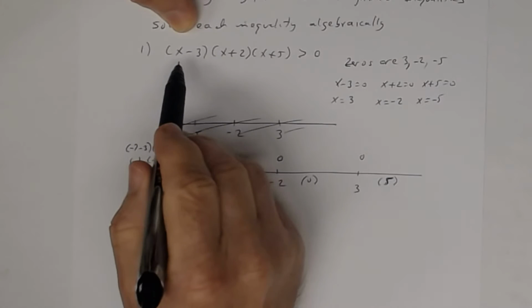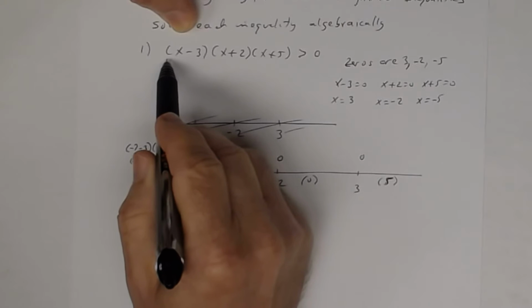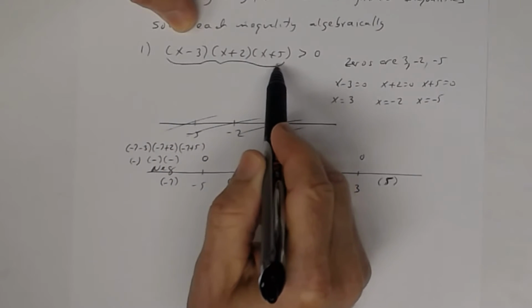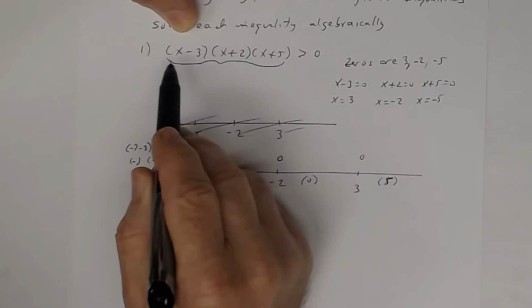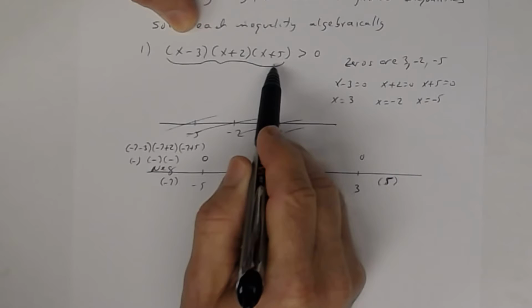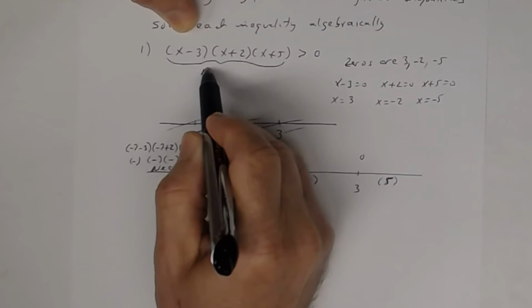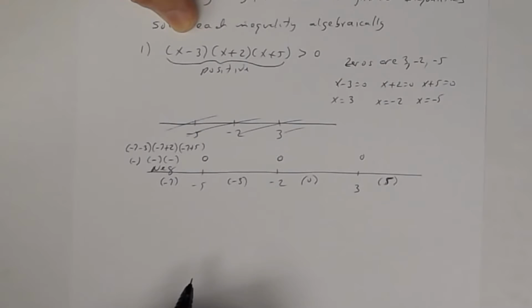Now, as you go along, I want you to notice an important aspect of this process: no matter what value of x you substitute, your solutions will be the ones in which this product is greater than 0, which means positive. So you want this product to be positive.